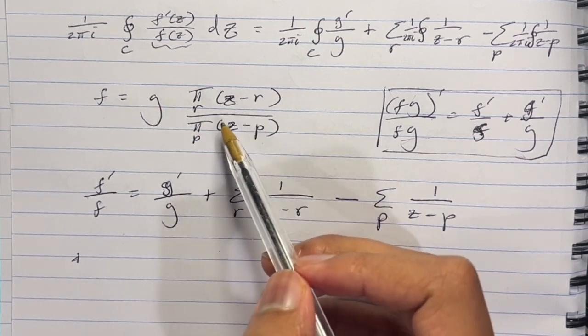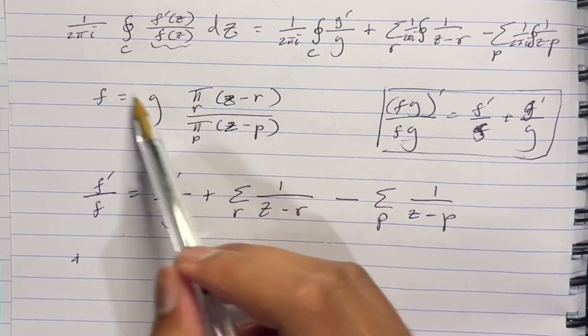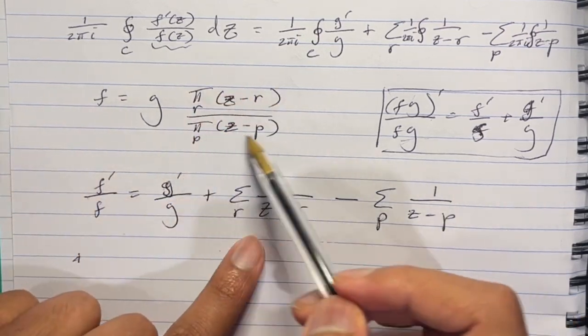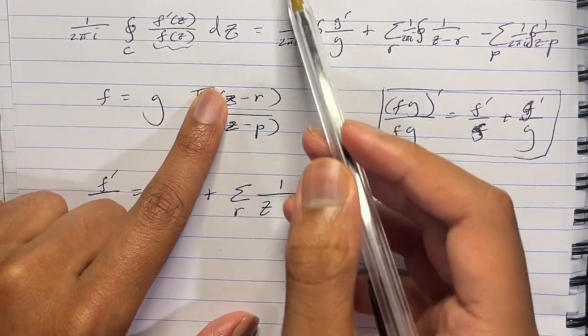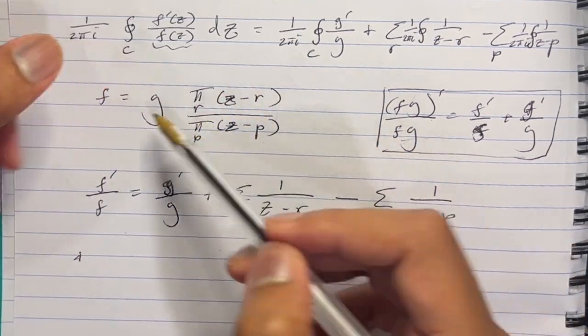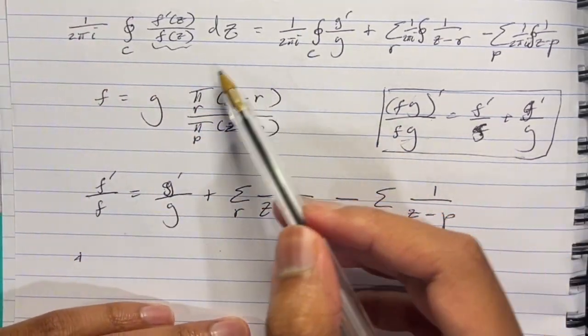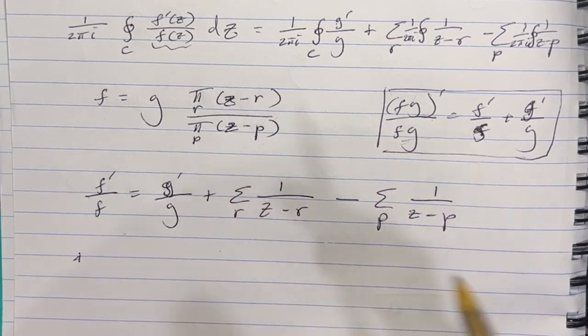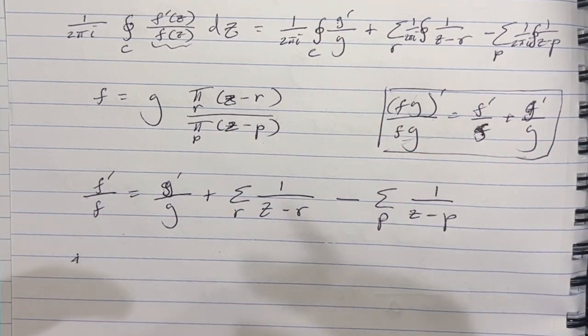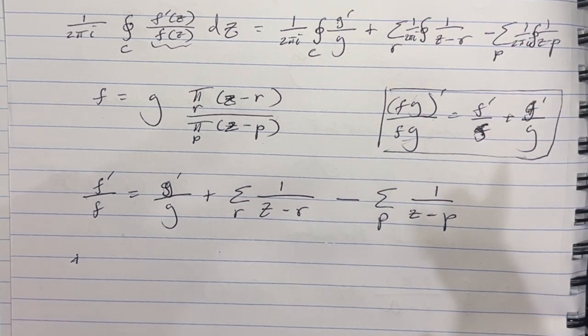So we know that this function in here, g prime over g, on the contour, we haven't really done anything to g. This part doesn't have any zeros on the contour C. So if we just bring it over here, we're just multiplying f by another analytic function, and the product of two analytic functions is analytic. So g we know is analytic on C, and that means we can just differentiate it, and that's fine.